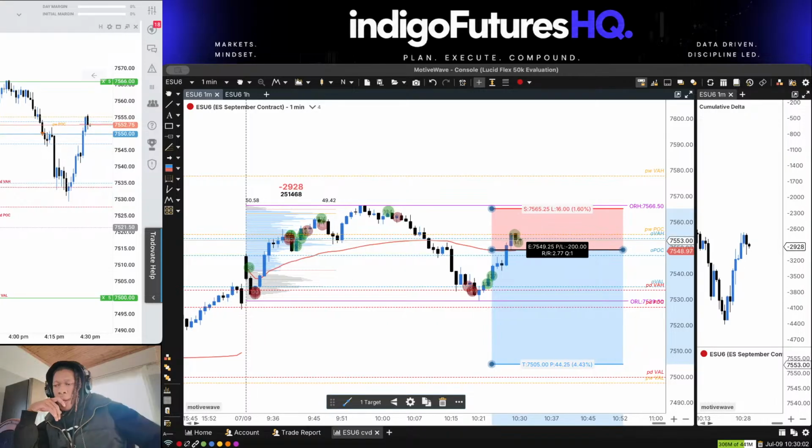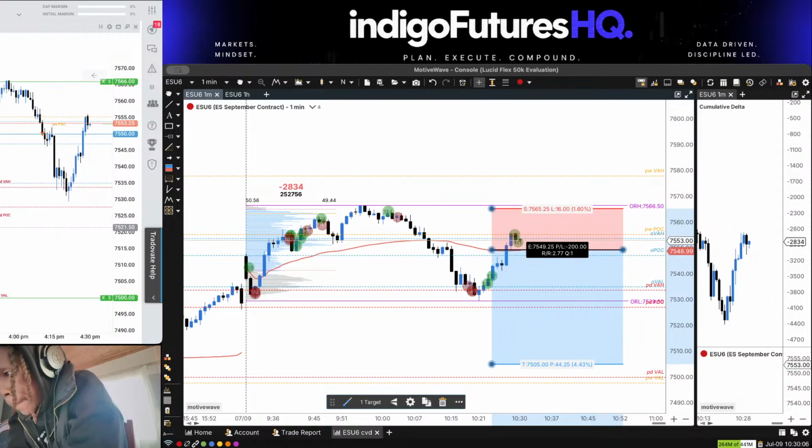Okay, so that's initial balance set officially. We should look at protecting this though. Also our stop is our stop.